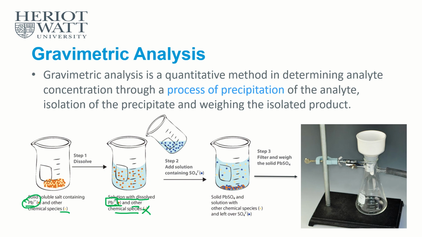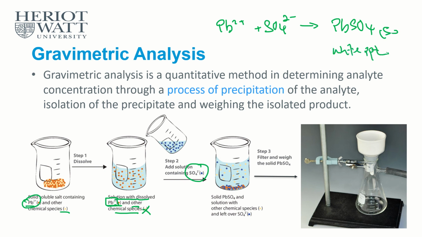So how can we determine the amount or the concentration or the mole of Pb2 plus in the solution? We just need to add in another reagent that can precipitate the lead out. So what combines with lead, Pb, to give a precipitate? Sulfate. Because Pb 2 plus with sulfate ions, you get lead sulfate, which is a white precipitate, a solid.